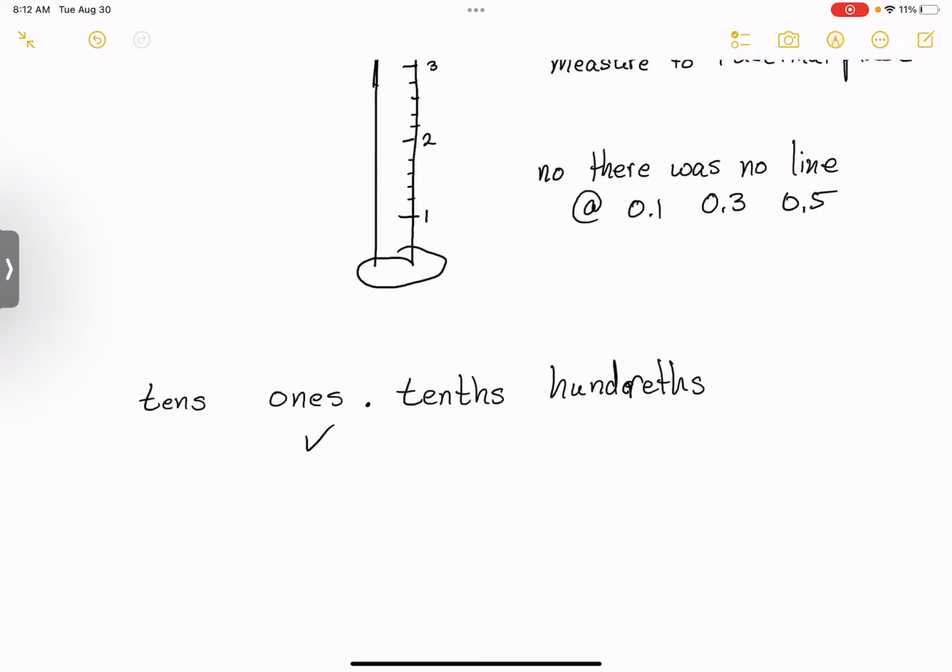Because there was no line for the 0.1, 0.3, and 0.5, and so on, the 10th place was our estimated digit. So that is why we would only measure to 1 decimal place with our graduated cylinder.